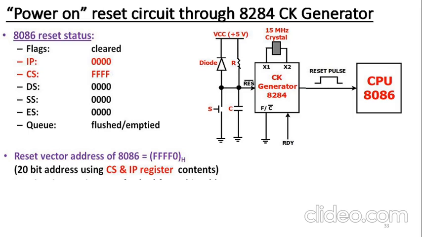Capacitor charge will be quickly discharged through that diode, because by that time the diode becomes forward biased, so that no charge will be left across the capacitor here. It means that the diode provides a quick discharge path for the charge of the capacitor when the power supply is switched off. So this is all about the power on reset circuit and its operation.